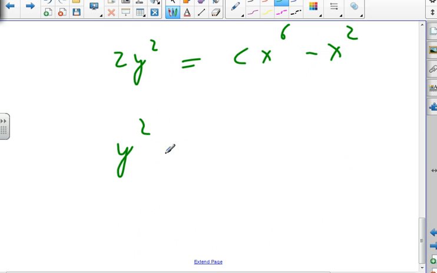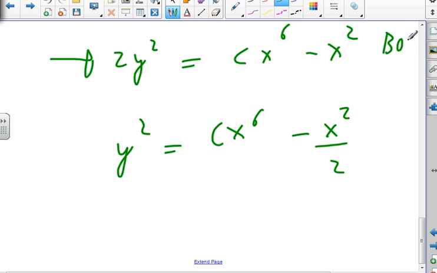Y squared is equal to cx to the sixth power minus x squared, over 2. And then we could take the square root of that, but I don't think the author did. Number 10, in fact, he stopped right there. So this is back of book, and we got the right answer again. Okay, excellent.